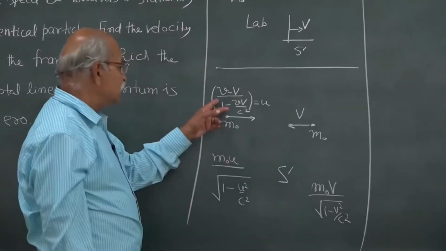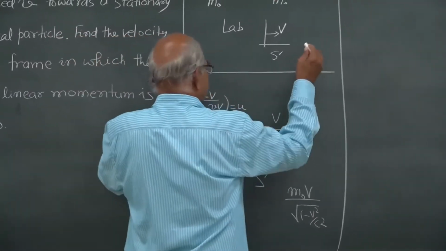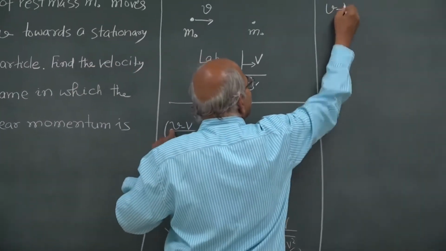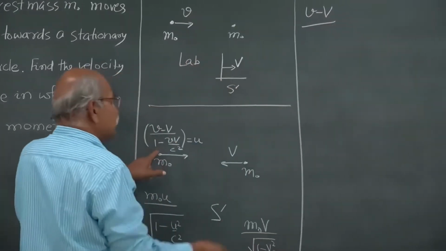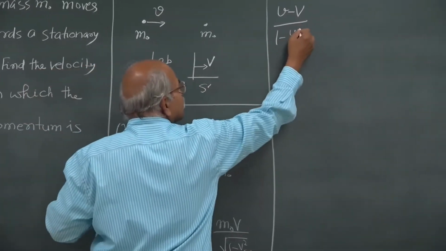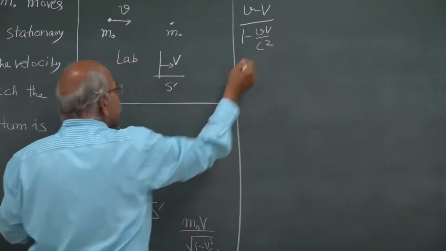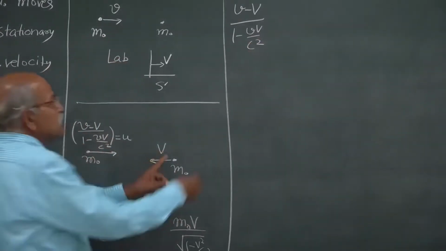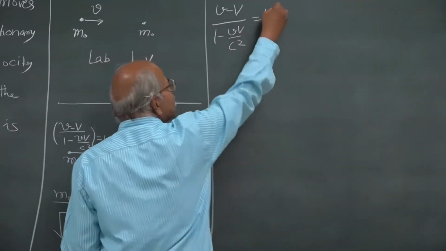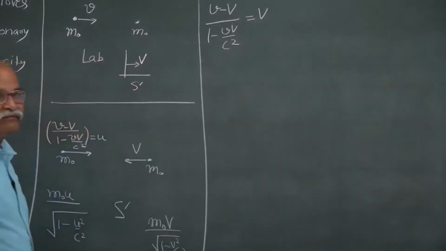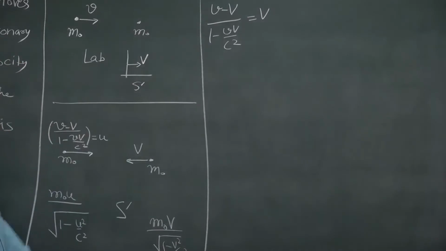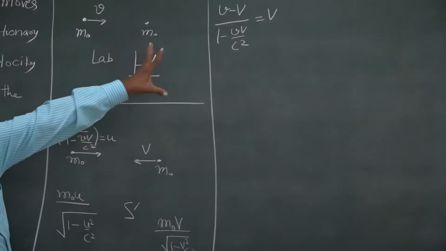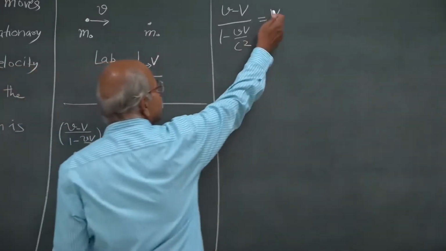So, our equation is small v minus capital V divided by 1 minus small v capital V by c square, that is this quantity, and this should be equal to capital V. So, we can obtain capital V from here, but it is a quadratic equation, as you can see.